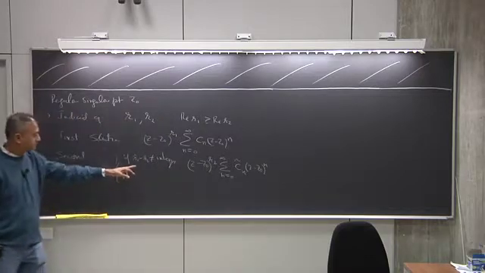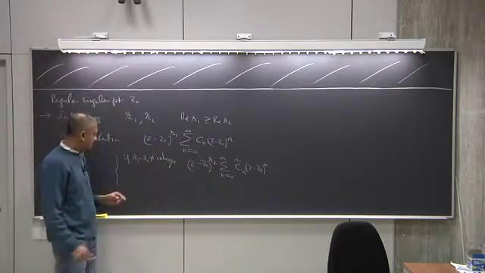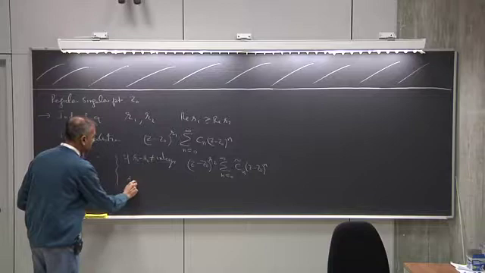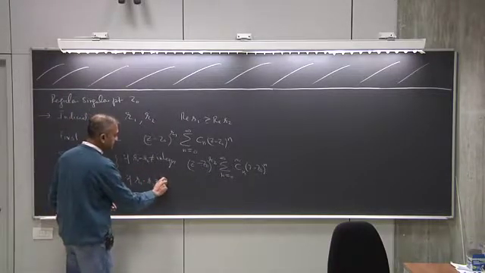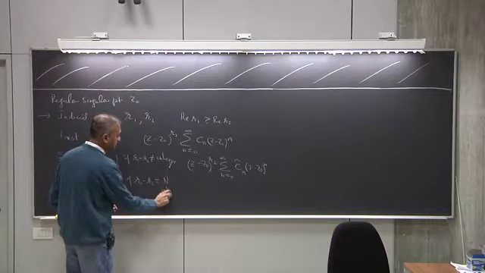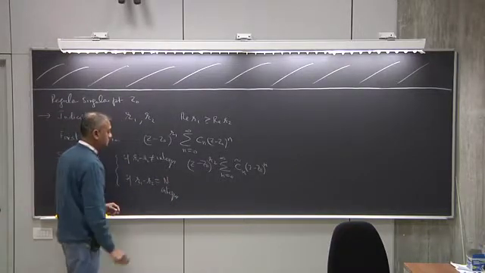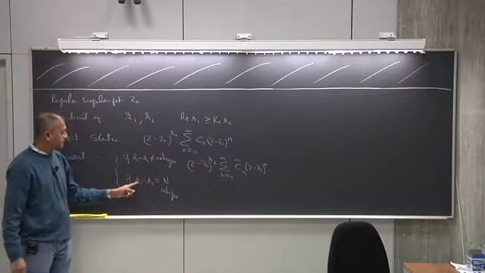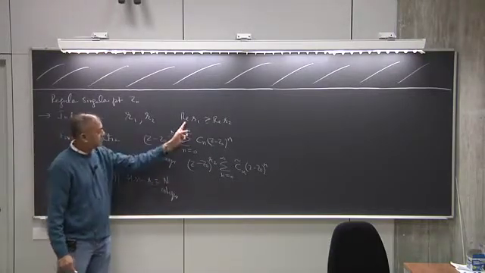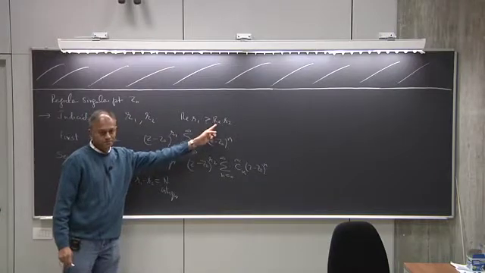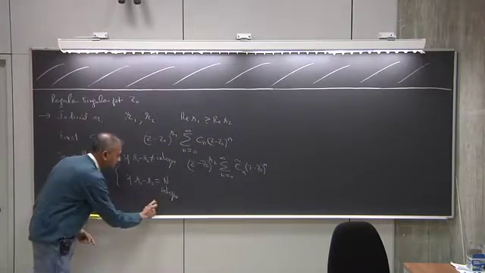That is when R1 minus R2 is not an integer. The subtlety arises when R1 minus R2 is equal to some integer N. Okay, this is going to be a non-negative integer, right? Because the real part of R1 is greater than or equal to the real part of R2.